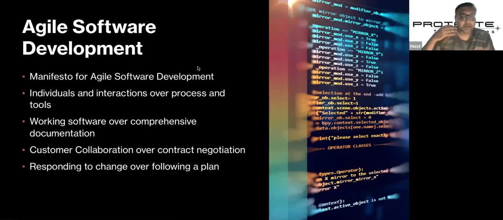You need to collaborate a lot with the customer so that you keep incorporating changes in the software as and when required. It does not rely on very comprehensive documentation. It relies on responding to any change which the customer asks for. There is a beautiful Agile manifesto document, and generally developers follow that manifesto.